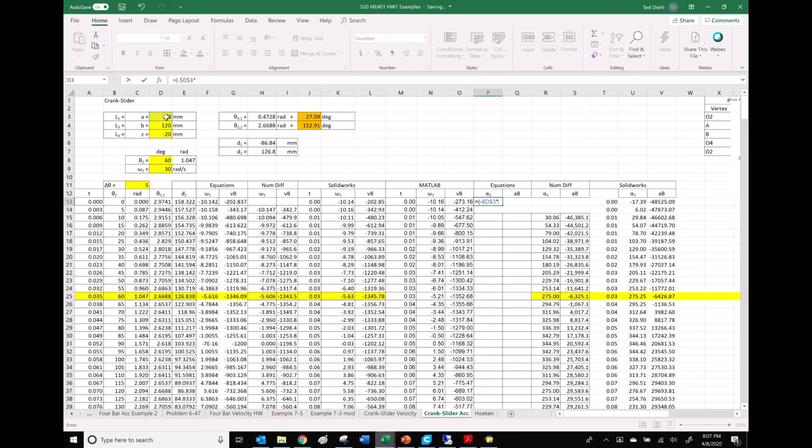F4 times omega 2 squared, F4 squared times sine of theta 2, in radians, make sure.